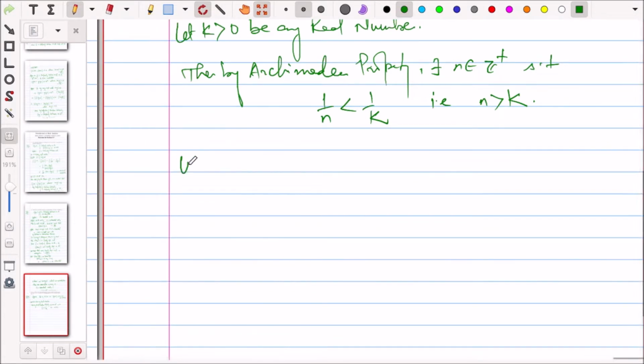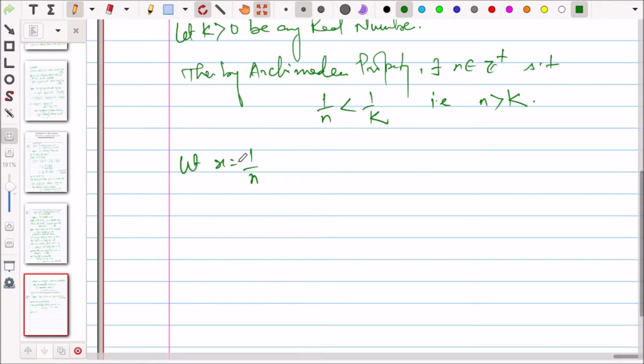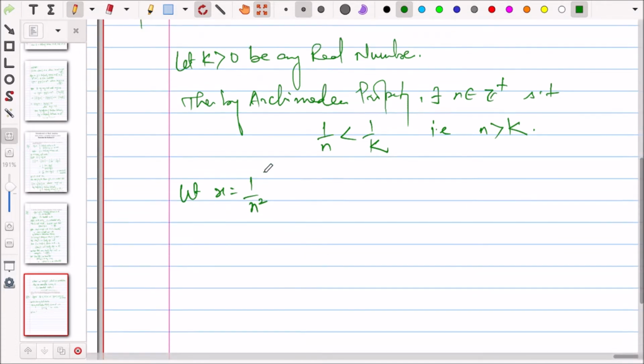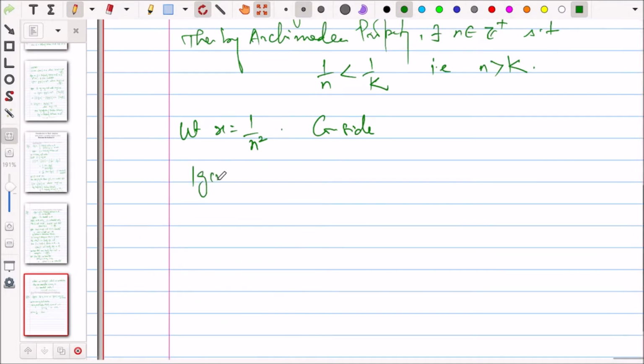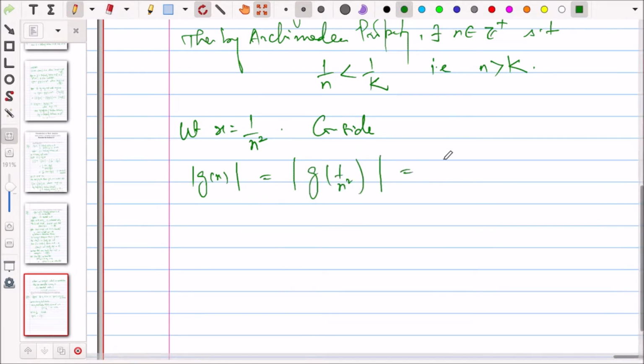So let x equal to 1 by n square. Now consider mod of g of x. This is equal to mod of g of 1 by n square, which is equal to mod of root 1 by n square, and root 1 by n square is 1 by n.